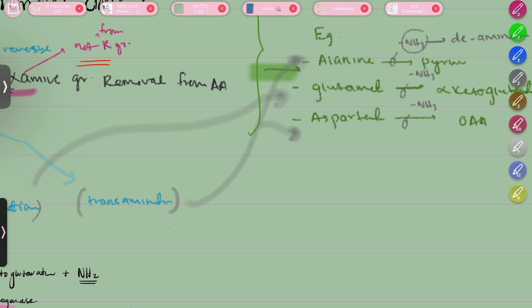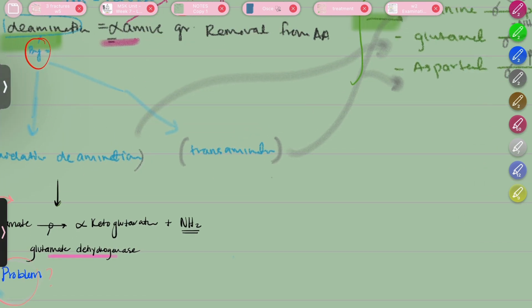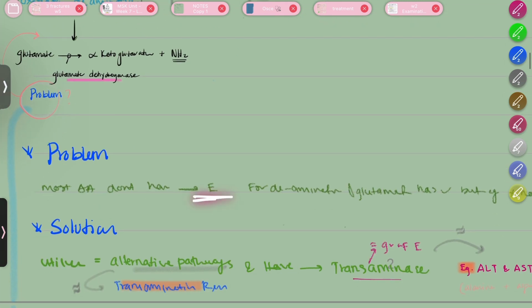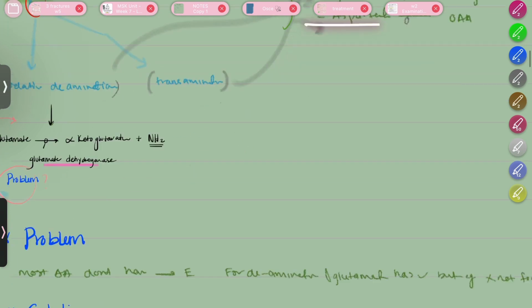How do they undergo deamination? They undergo it by the transamination process. The main reason why they undergo transamination and not oxidative deamination is that they do not have the enzyme required to directly deaminate them. We do not have this enzyme for these two amino acids, alanine and aspartate.